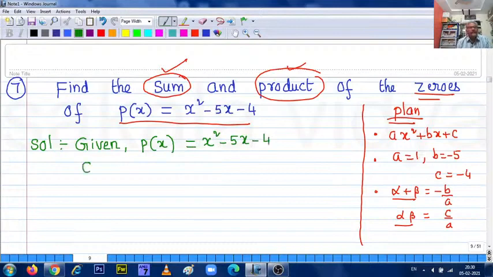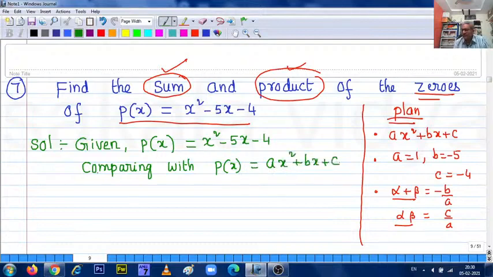Comparing with P of x equals ax square plus bx plus c, we have: x square coefficient is 1, so a equals 1. Minus 5x, x coefficient is minus 5, so b is equal to minus 5. Constant term is negative 4, c equals minus 4.